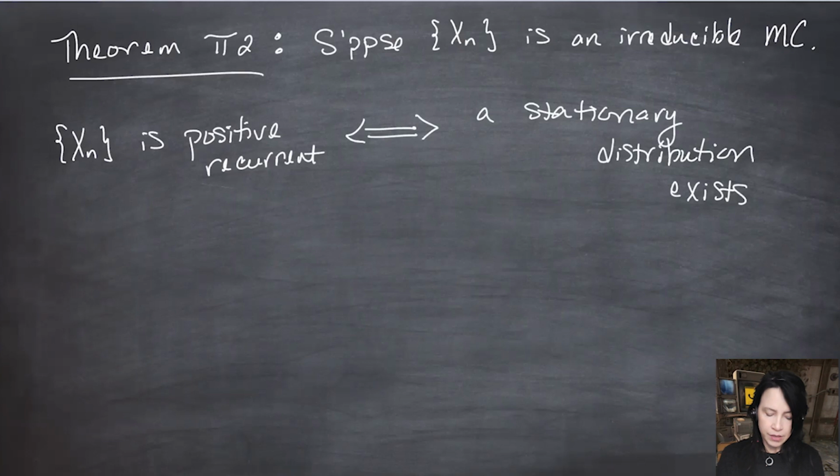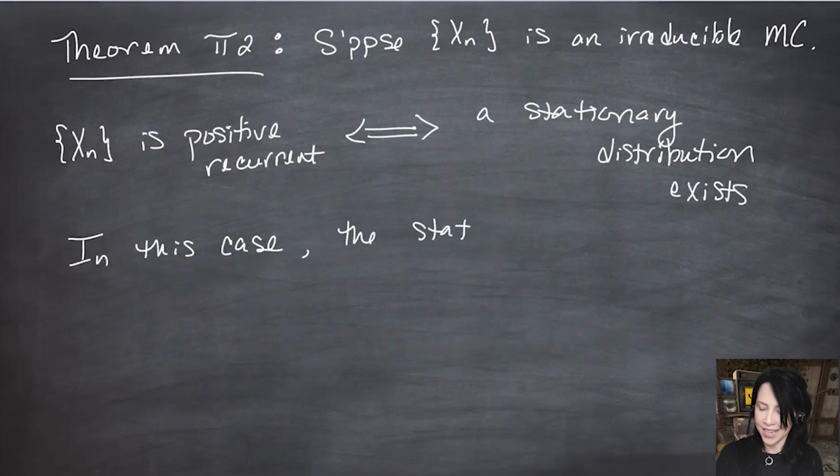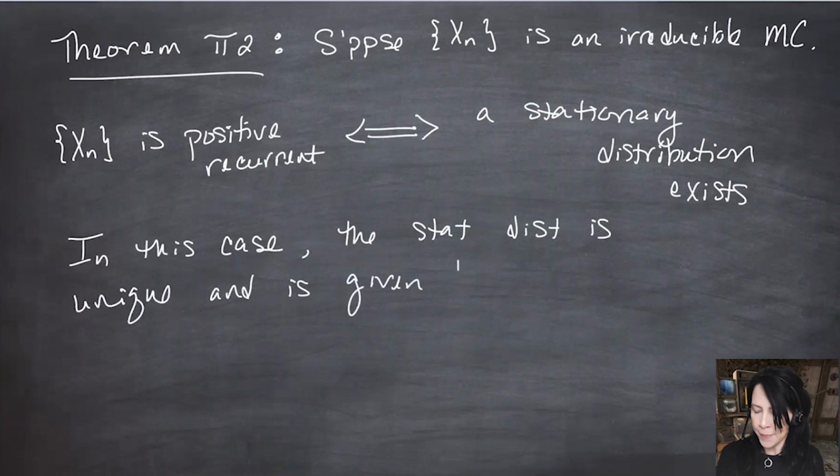Furthermore, if the chain is positive recurrent, the stationary distribution is unique and is given by an expression in terms of the expected return time starting at a state to get back to the state.